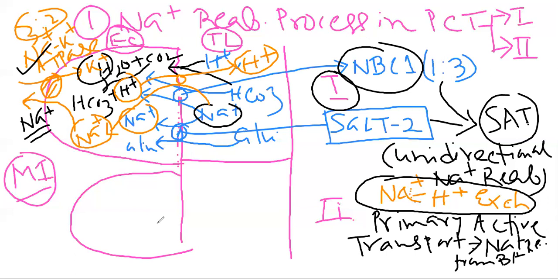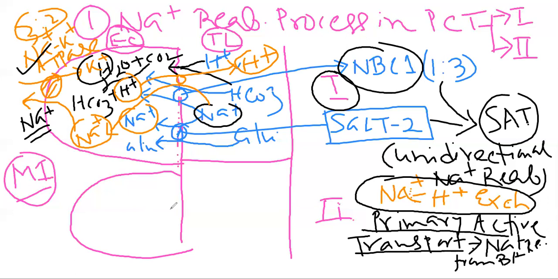pH in a neutral position, hydrogen ion will have to be excreted from the cell by the help of the sodium hydrogen ion exchanger. And finally, this sodium ion will eventually be reabsorbed into the medullary interstitium by the help of the primary active transport mechanism, that is the sodium potassium ATPase pump.